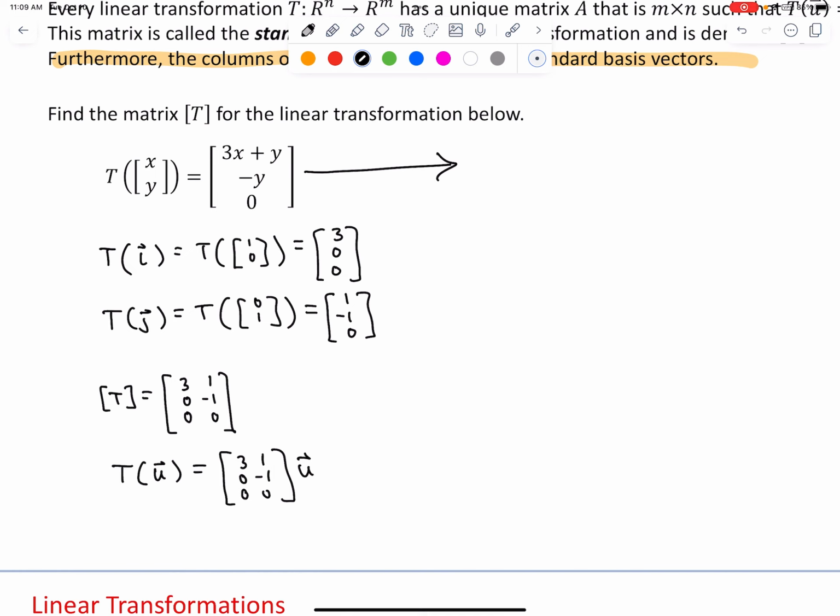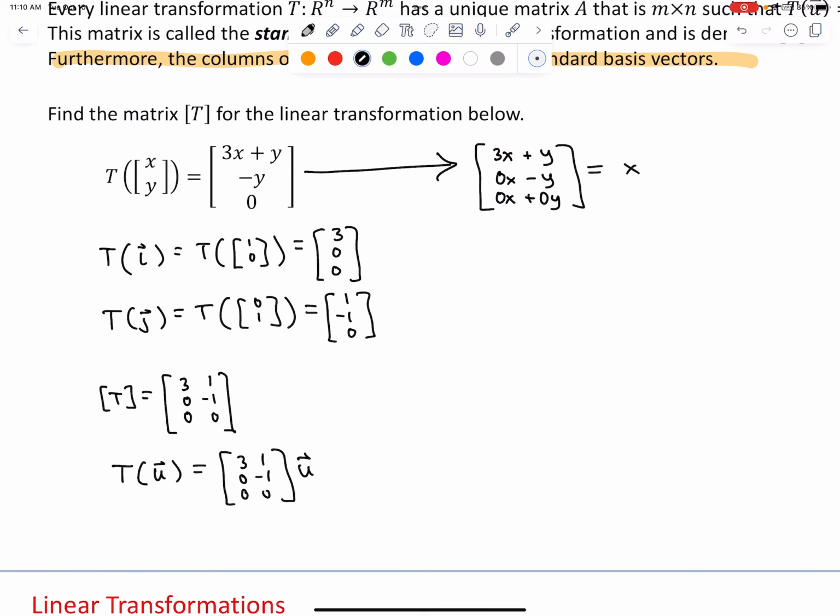If I insist that each component of the image involve both x and y, then I could rewrite this output vector as 3x plus y, 0x minus y, and 0x plus 0y. And then I just decompose this according to whether it's a coefficient of x or y, factoring out the variables.